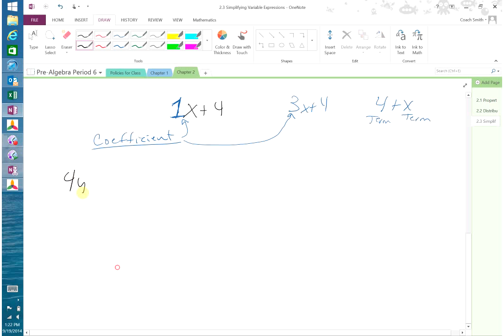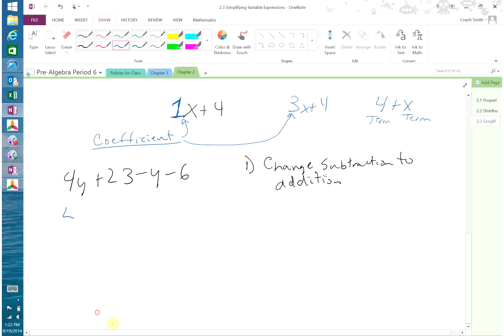4y plus 23 minus y minus 6. First thing I'm going to do, step 1, before I do anything, is change the subtraction to addition. So that gives me 4y plus 23 plus negative y plus negative 6.